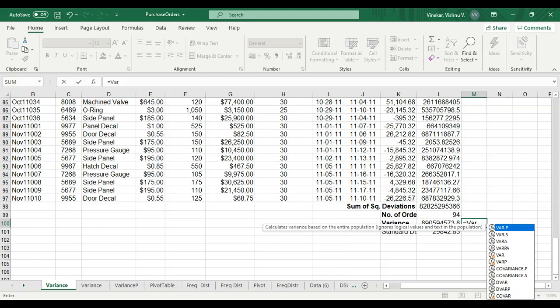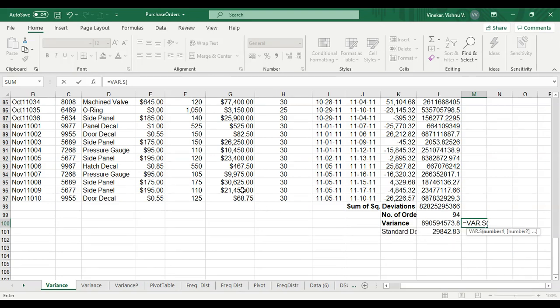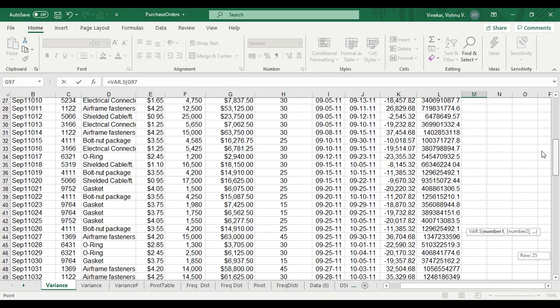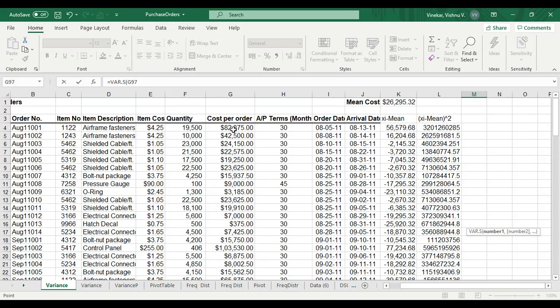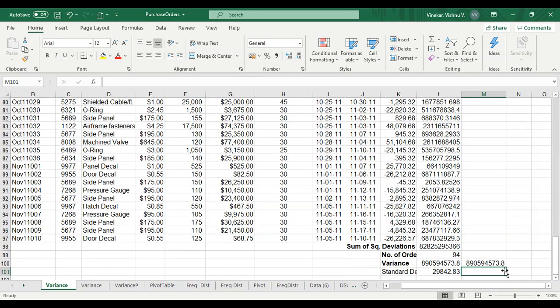If we had all the thousands of orders that this company had placed, we would use var.p. But since we only have these 97 orders, we're going to use var.s. Okay, and select the list of cost per orders from the first order to the last order, not including the label. And so we get a number that's very close to the variance that we calculated.